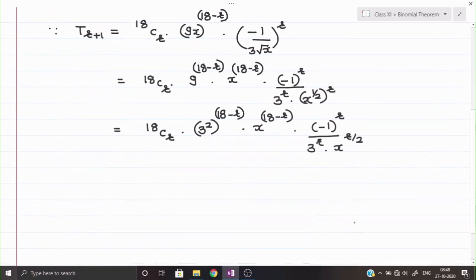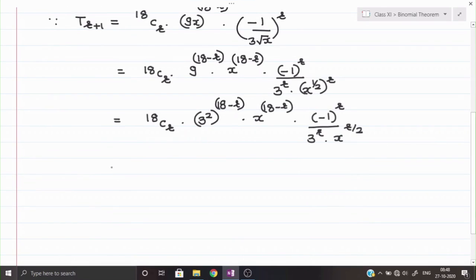Okay, now further see here what will happen, 18CR will be as it is, into 3 to the power 2 and 18 minus r will multiply, that will be 36 minus r, and upon this 3 I am writing 3 to the power r. So we can apply the rule of the same base when they are divided. Same way, x to the power 18 minus r, and upon x to the power r by 2, that I am writing as it is, into minus 1 to the power r will be as it is.